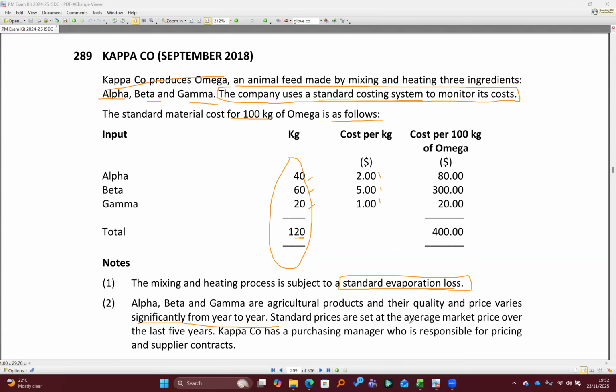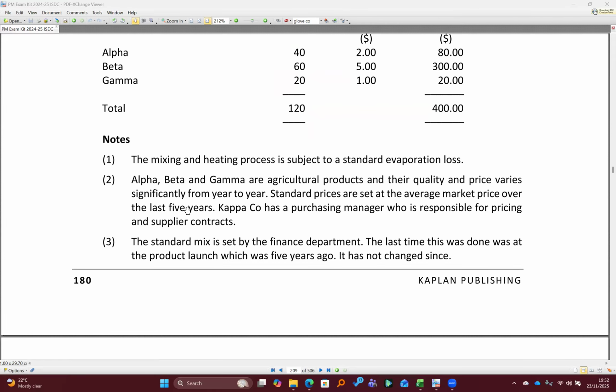So they just get an average over the last 5 years. So the standard price that we are seeing here is not very good because it is an average for the last 5 years. And that's the question they're asking us in the second part. So for the first part, of course, we are going to just calculate, but we should know that when you answer the second part.